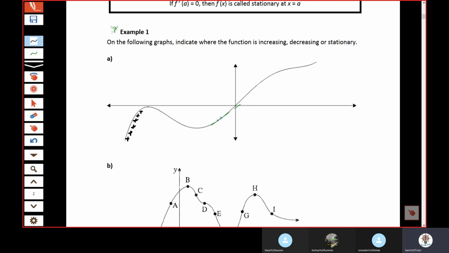Positive, positive, and then here, flat, so 0, then negative, negative, negative, flat, 0, then positive, positive, positive. You can see it's changing from sad, sad, sad, to a stop. Then happy starts, happy, happy.